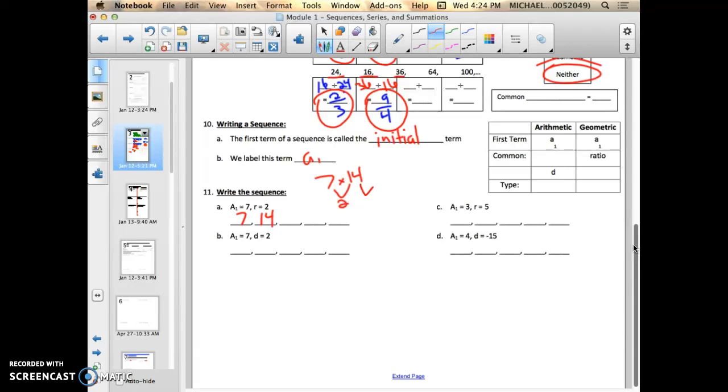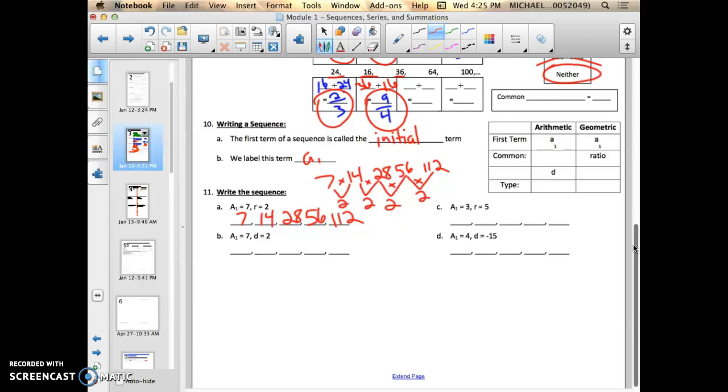Then 14 times 2 is 28. 28 times 2 is 56. And 56 times 2 is 112.